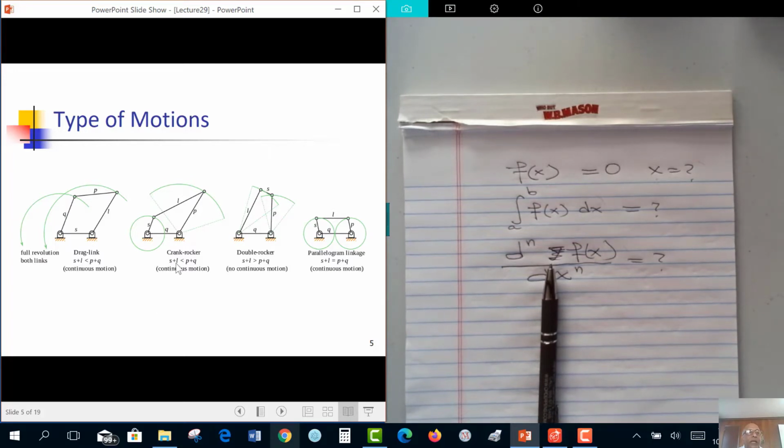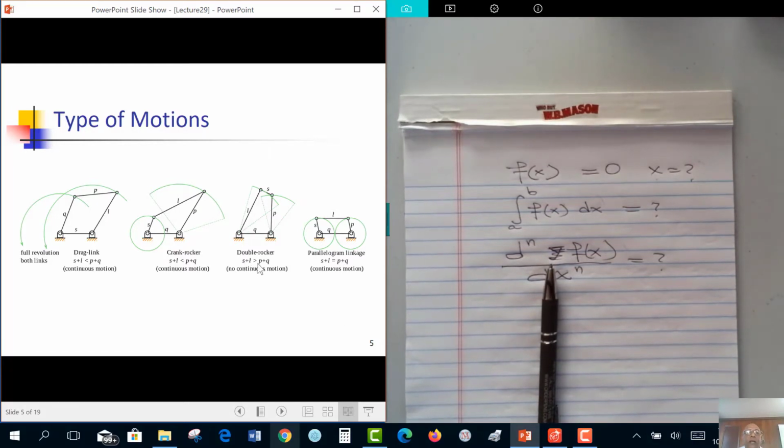Here, when S plus L is less than P plus Q, there is a continuous motion in the sense that when we rotate this, this one just rocks. So it rocks a certain angle, and that depends on the length. Here is a double rocker.